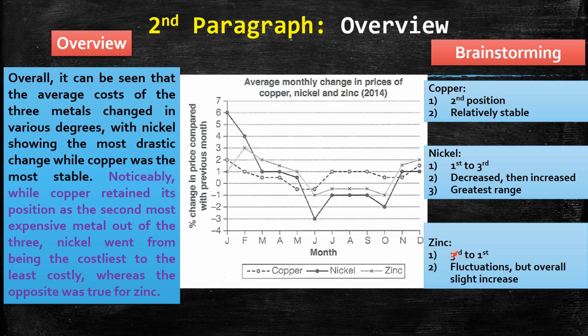Zinc actually went from third to first. So I actually touched on most of these points, maybe 4 to 5 or even 6 of these points in 2 sentences. So I have color coded the text here so that it's easier for you guys to know where my sentence ended. This is one sentence in the black font and the purple font is another sentence.